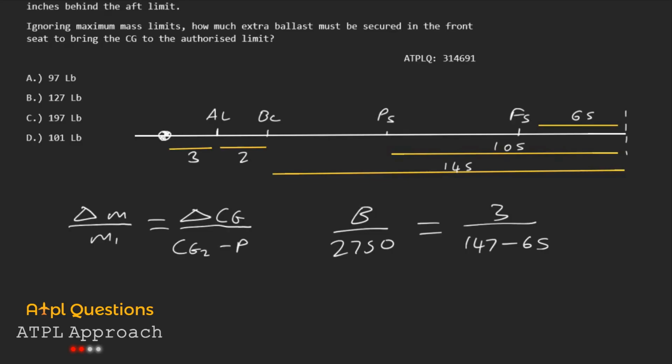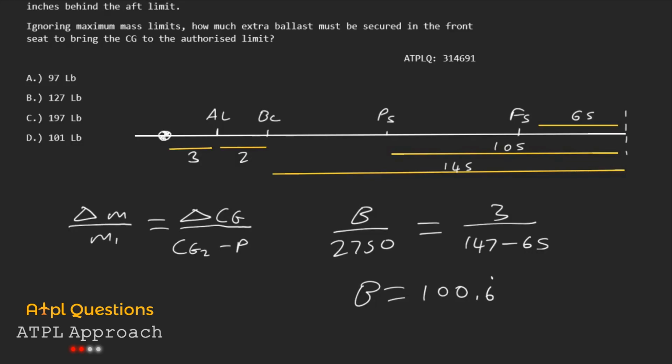Cool, so now I'm going to simplify this. Well, we can go straight to the answer here really by just multiplying both sides of the equation by 2,750. And if we do that, what we get is 100.6 recurring.